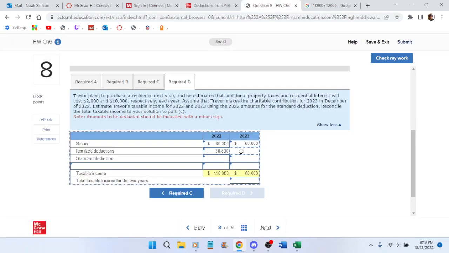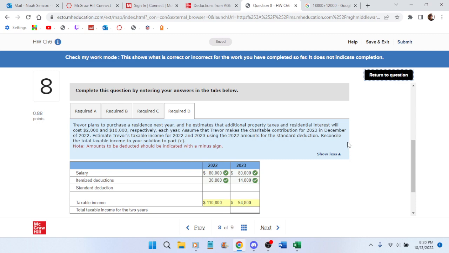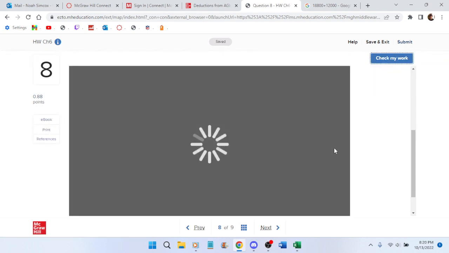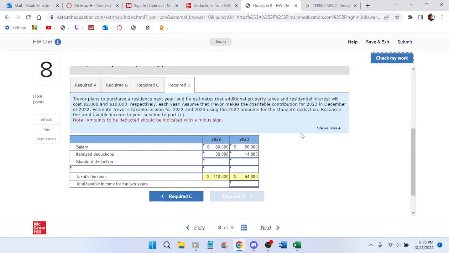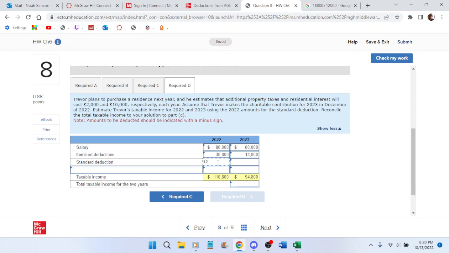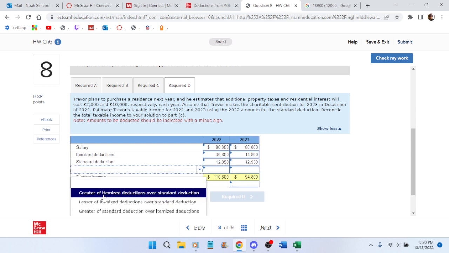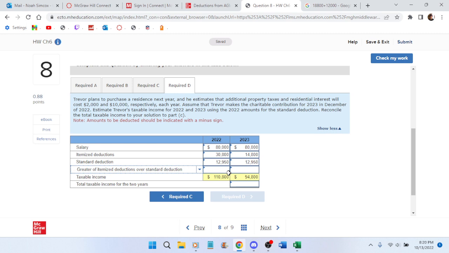And then this one should be the 14,800, right? Yeah. Greater of itemized deductions for both of them is 18,800 and 14,800.